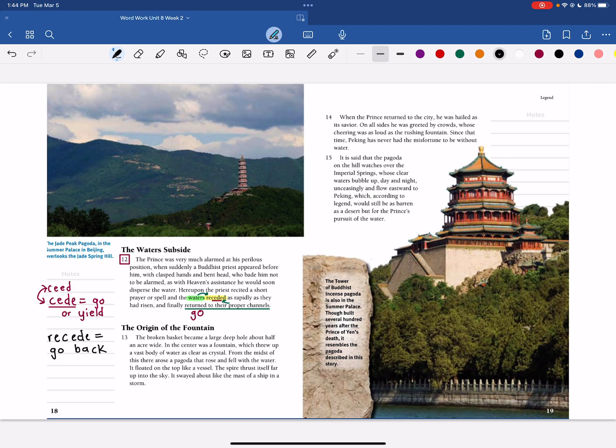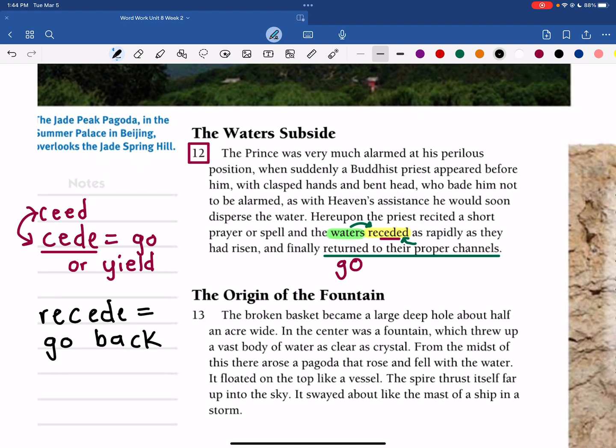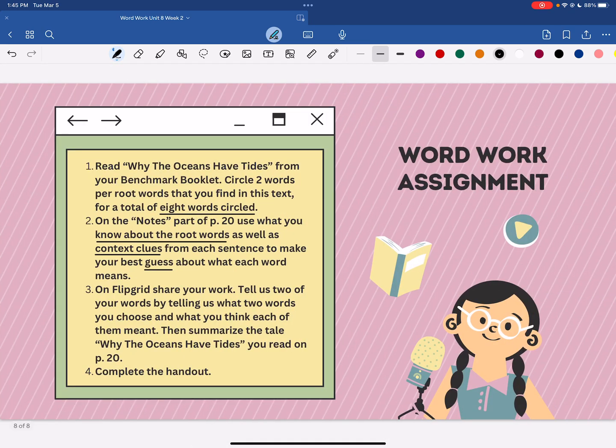Is this definition perfect? No. Did I go to dictionary.com to find this definition? No. But on my paper, I underlined the clues I used to help figure out that recede essentially means to go back. Maybe it's more complicated than that, but the context clues and what I know of the Latin root told me that most likely the word recede means to go back. So that's an example of how to do step number 2 and what that looks like.